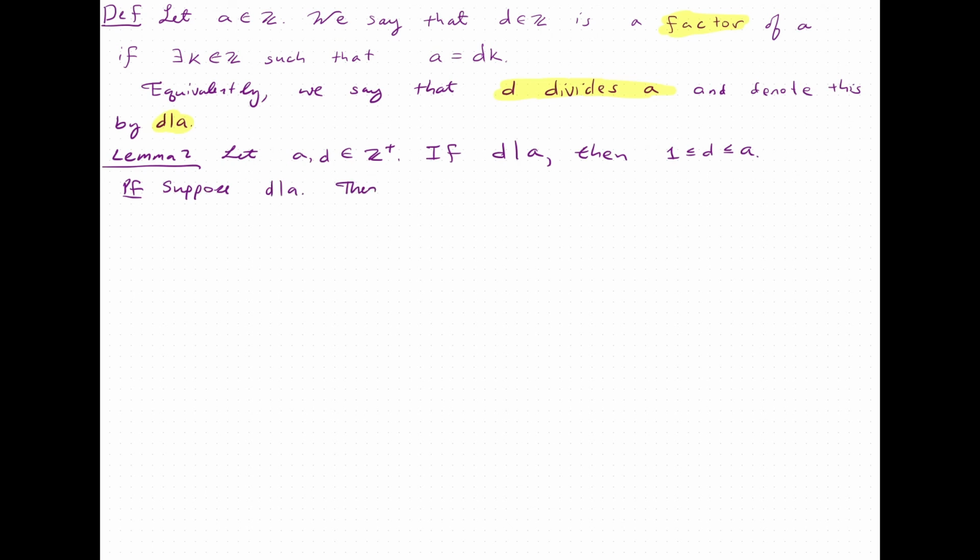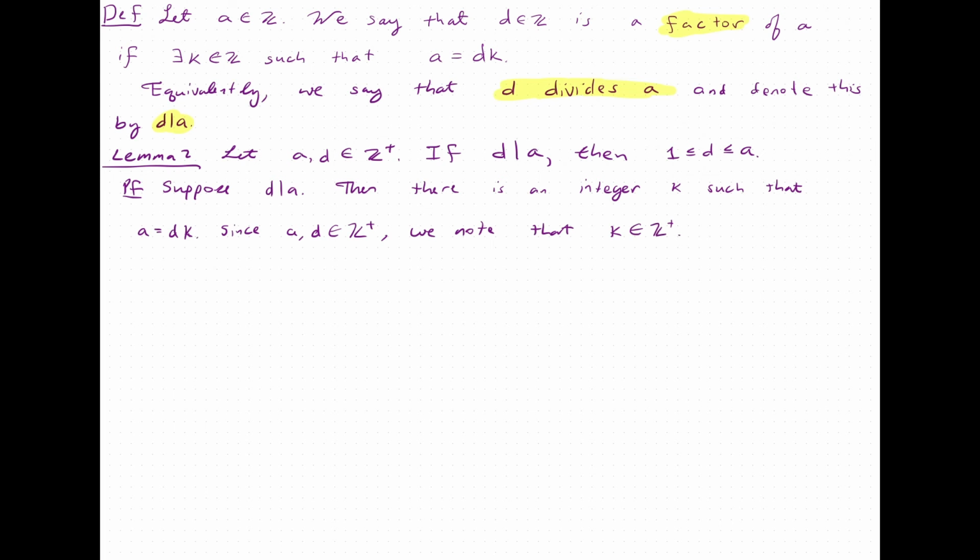Then there is an integer k such that a is equal to d times k. Now, let's make the following observation. Since a and d are positive integers, we note that k is a positive integer.